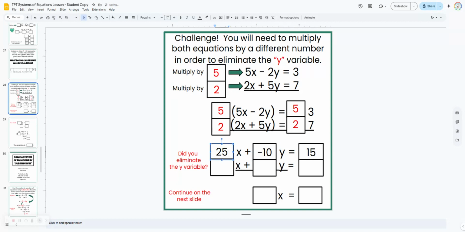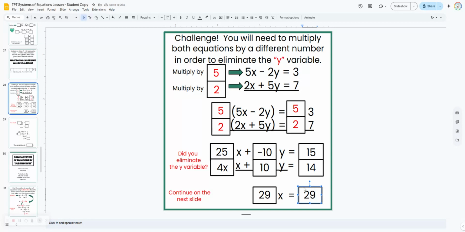Now the second equation I'm multiplying by 2, so I get 4x plus 10y equals 14. Now I can add them together, and I get 29x. These two eliminate, equals 29.